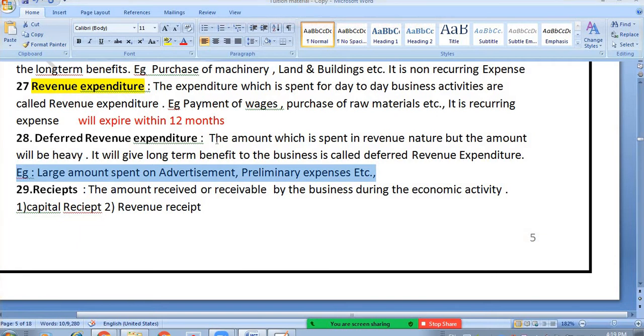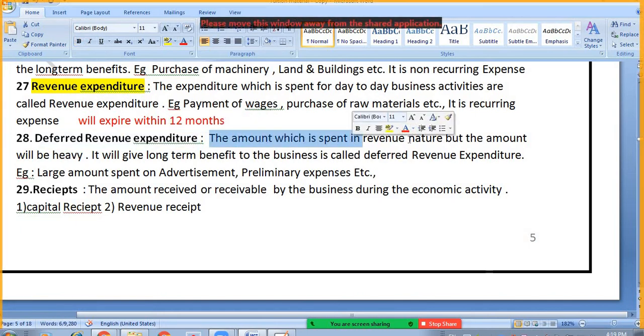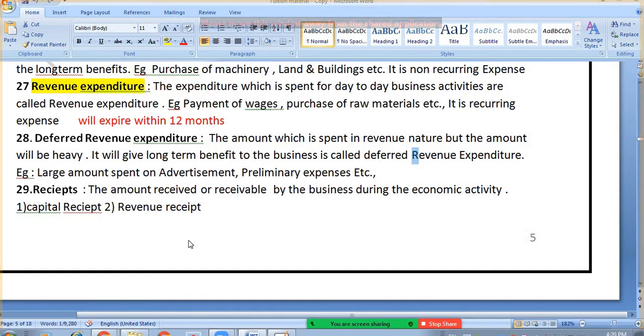See, once again, deferred revenue expenditure: the amount which is spent in revenue nature, but the amount will be heavy, it will give long term benefit to the business. I will give a small example for this one.